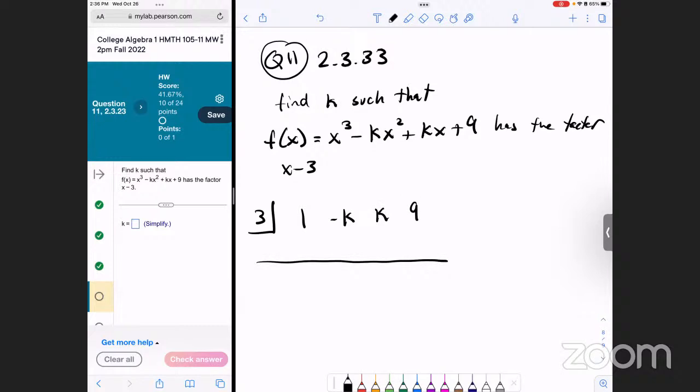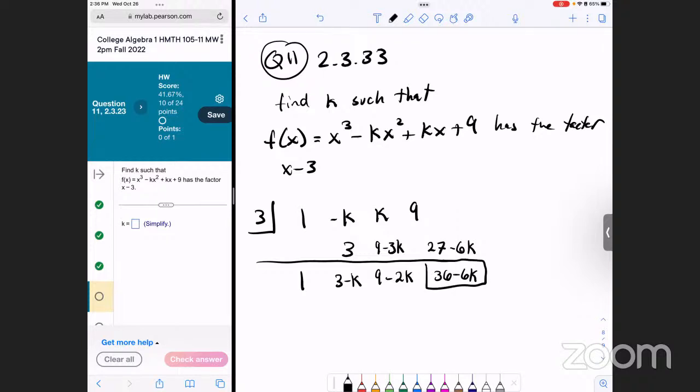Let's go ahead and do our synthetic division. So the 1 comes down, 3 times 1 is 3. If we add, we're going to get 3 minus k. If we multiply, we're going to get 9 minus 3k. If we add, we're going to get 9 minus 2k. If we multiply, we're going to get 27 minus 6k. And then if we add 9, we're going to get 36 minus 6k as our remainder, right?